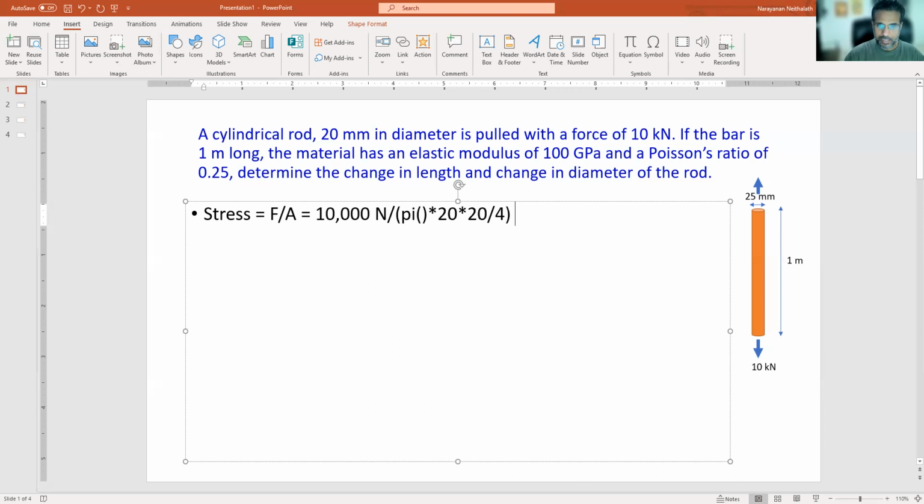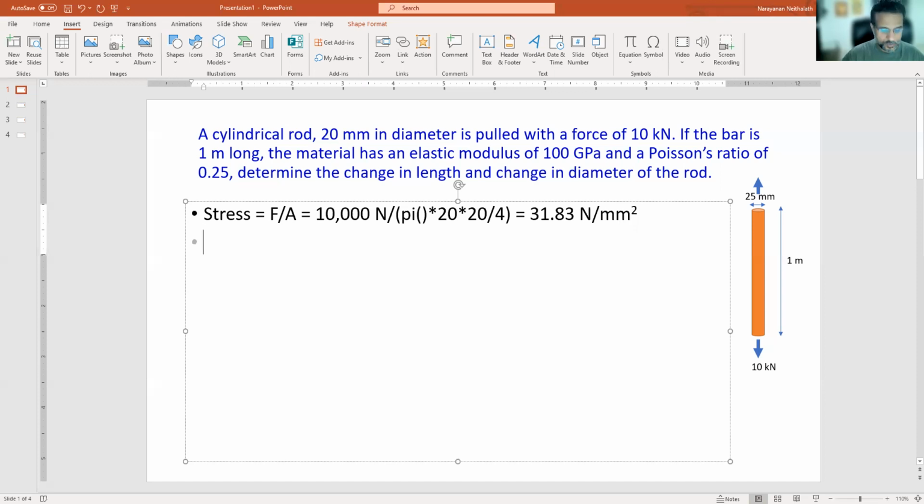And if you do that, you will get a stress of 31.83 newtons per millimeter square. Make sure that you're consistent in your units. Newtons per millimeter square is the same as megapascal.